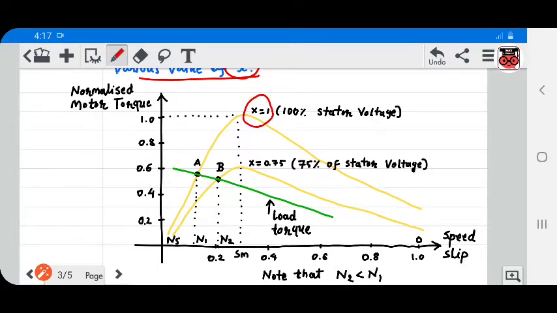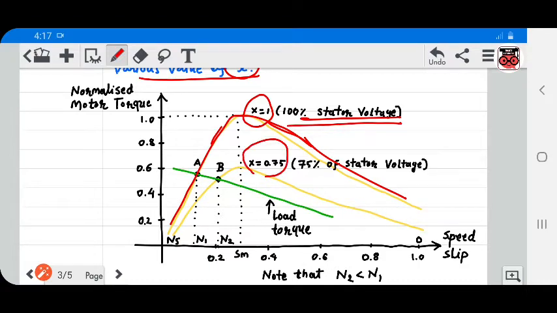X equal to 1 is nothing but 100% stator voltage. This line indicates the torque at X equal to 1. And the second is X equal to 0.75, meaning 75% of stator voltage. This line indicates the 75% stator voltage. At that time, the torque will be this.